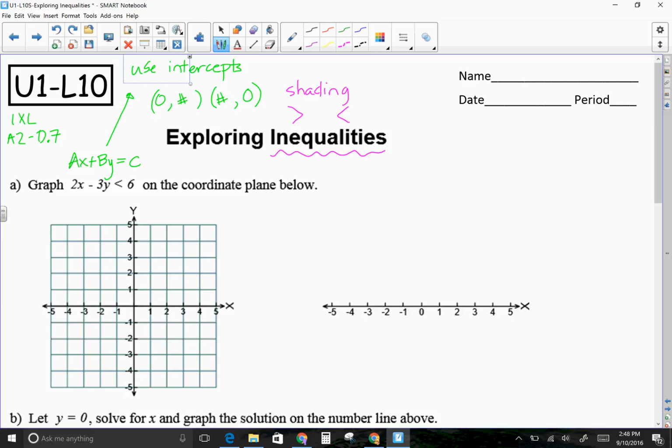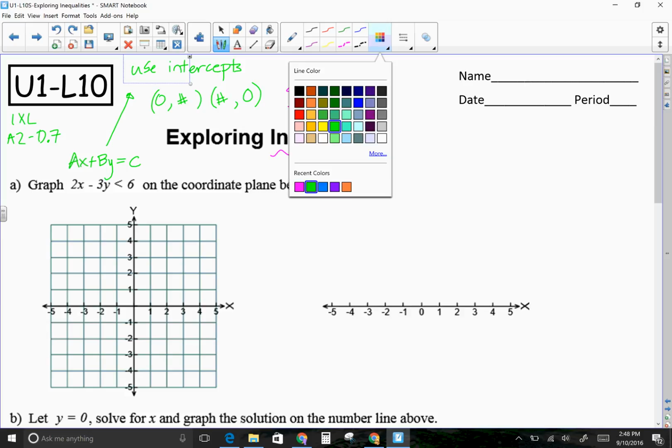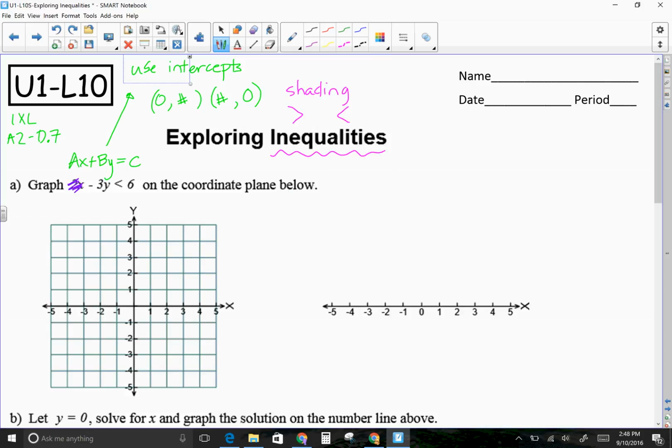So what we did is I told them, okay, if I put 0 in for x, then I'm left with negative 3y equals 6. So y equals negative 2. So I have the point 0, negative 2. And I can graph 0, negative 2. Okay?